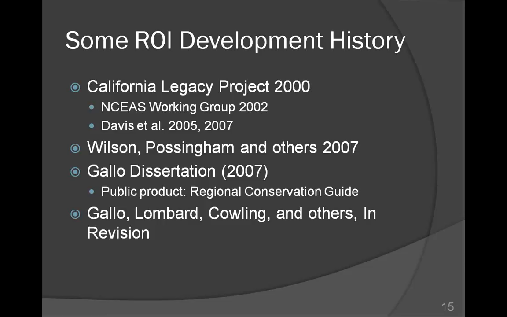Meanwhile, over in Australia, Hugh Possingham and his team were also looking at the same type of framework, and they developed a similar paper. And my dissertation in 2007 alluded to it. I used the framework in a case study in the Santa Barbara region, developing the Regional Conservation Guide. And then I went over to South Africa, and we developed it further.